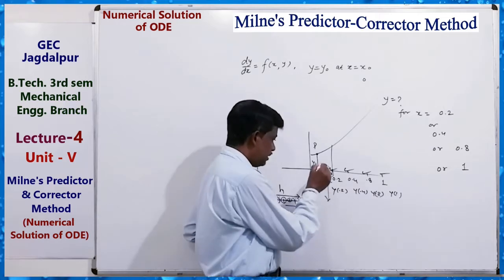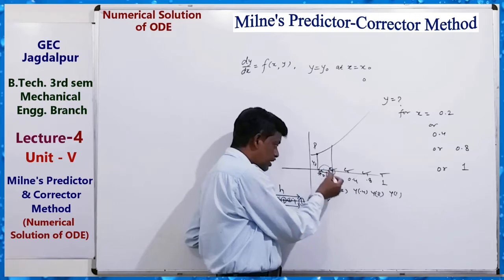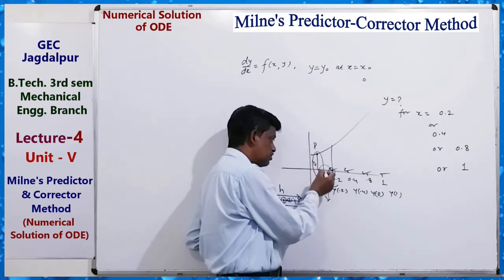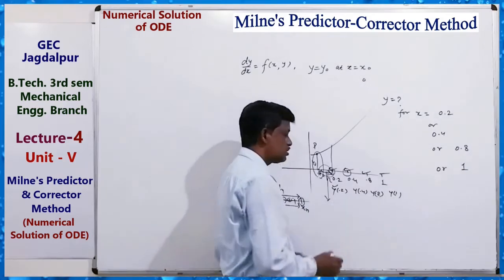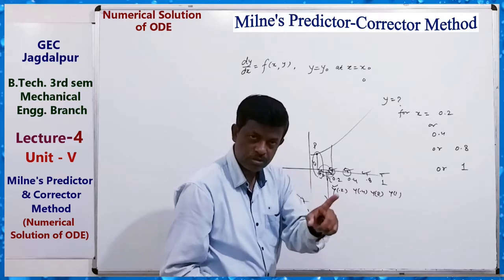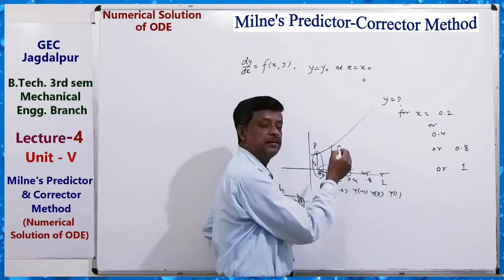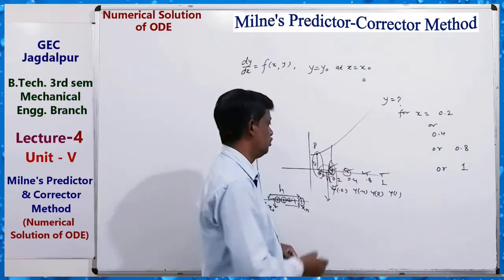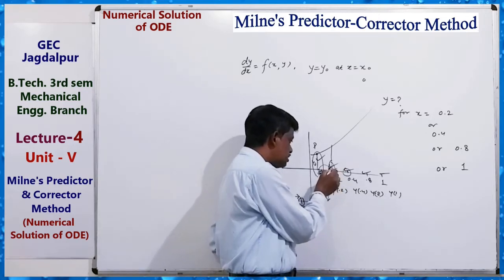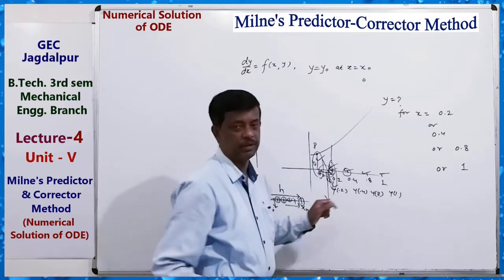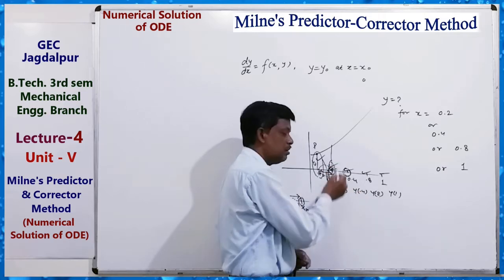Clear? Here we are trying to find the value of y at this point by using the previous value. For getting this point, we should use the value here for a more accurate value. We can also use the earlier value, but we use this value, which is found by any of the methods, and then for the further value of y, we can use this value as an initial value.